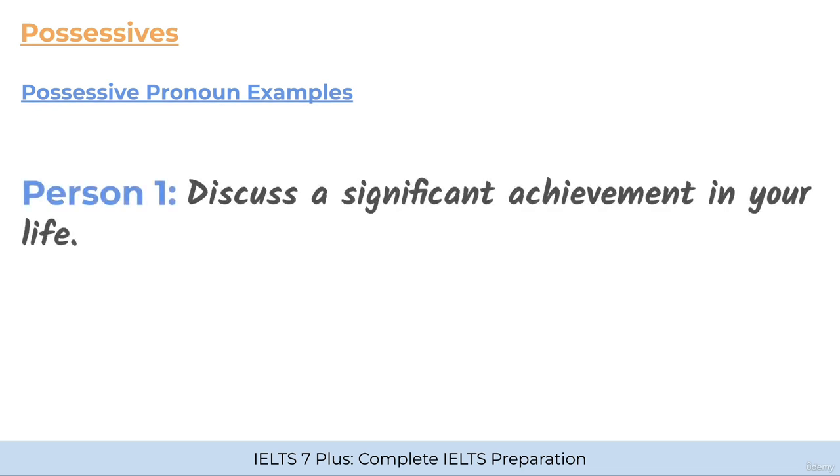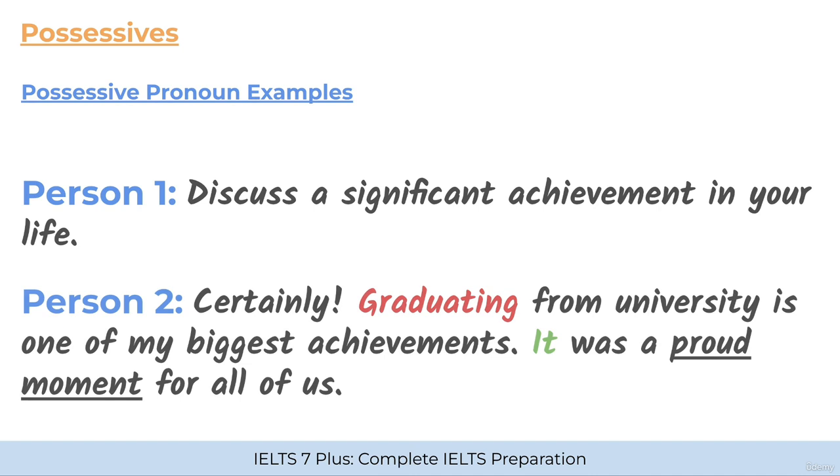Another one, discuss a significant achievement in your life. Certainly, graduating from university is one of my biggest achievements. It was a proud moment for all of us. So possessive pronoun it, referring back to the graduating from university. And what was it? Well, it was a proud moment.